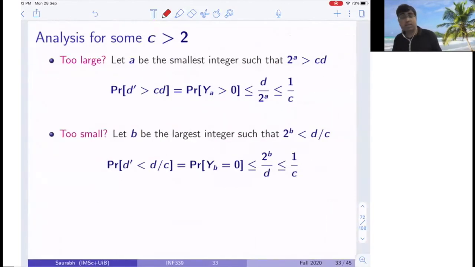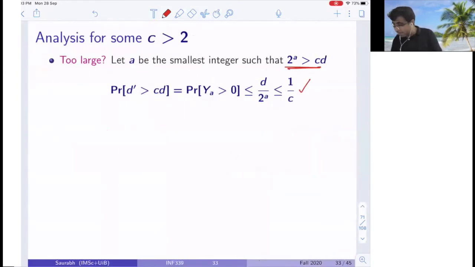Now ask ourselves, is it too small? Well, let b be the largest integer so that 2 power b is less than d over c. So d prime is less than d over c, right? It means for the largest integer b for which this happens, there is no hash value which has mapped there. So the probability is that yb should be equal to 0.